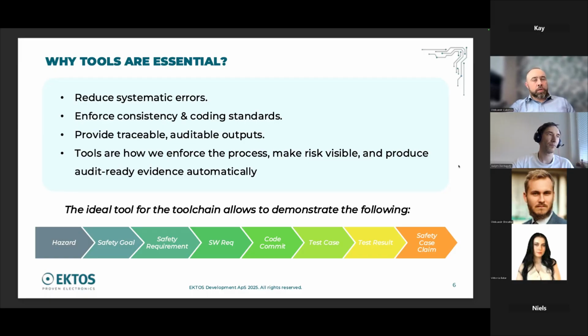We can provide traceable and auditable outputs, meaning that we can preserve the data we gather during the process, so we can use it as evidence during the audit and functional safety case demonstration and preparation towards the certification body.